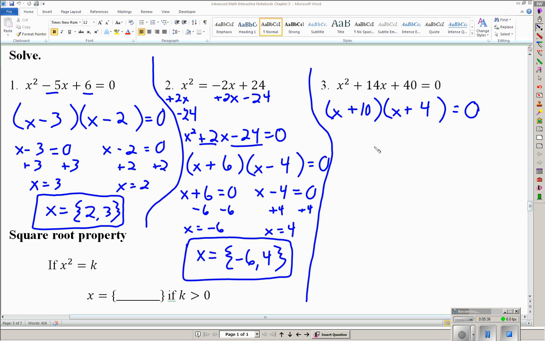That's the group we'll use. So make each factor equal 0. Subtract 10, and x is negative 10. Subtract 4, x is negative 4. Least to greatest is negative 10, comma, negative 4.